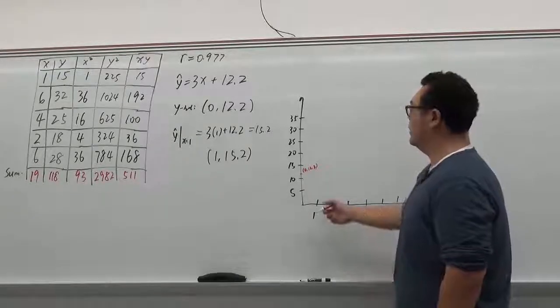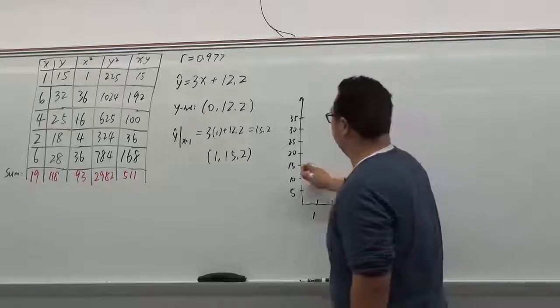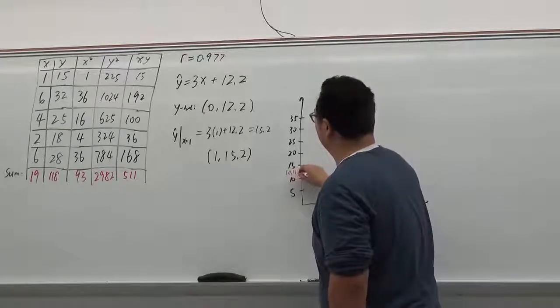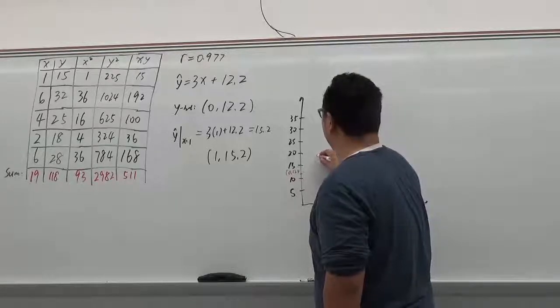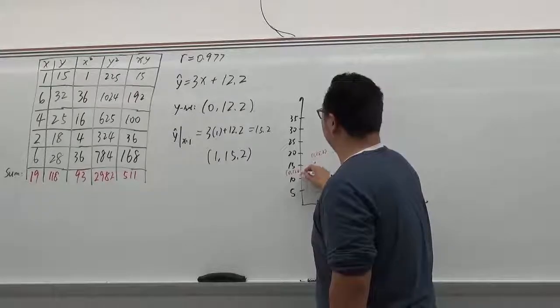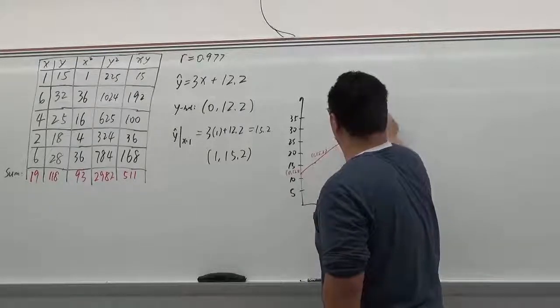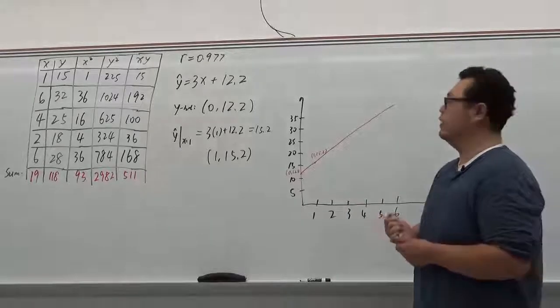And at 1, that's a little bit above 15. We can put it on the left, (0, 12.2), and at 1 it's a little above 15. Then just connect them together, and we get the graph of this line.